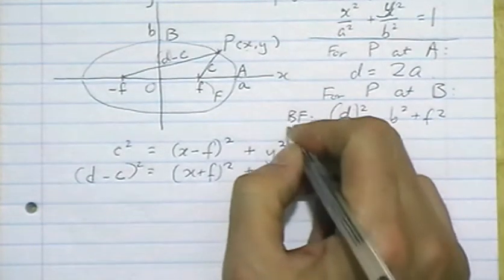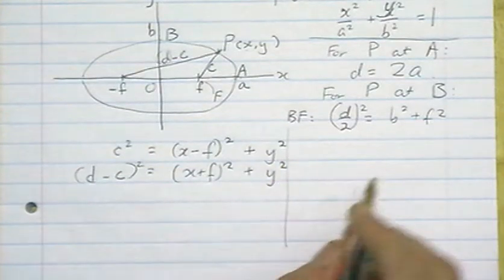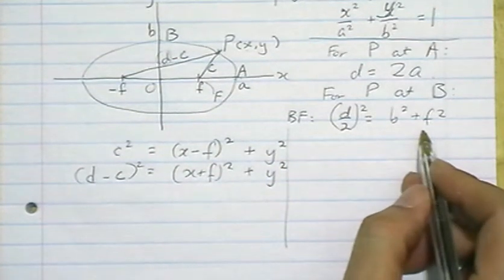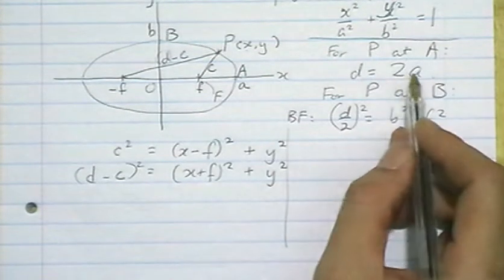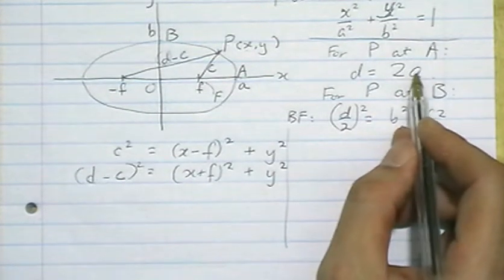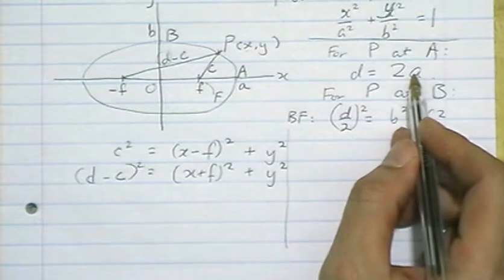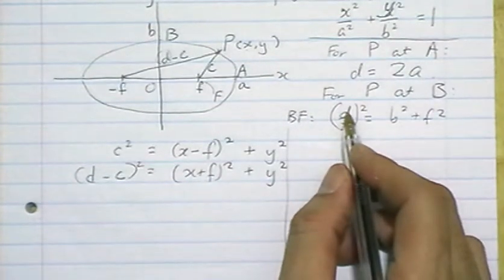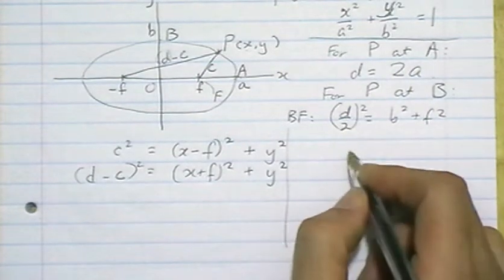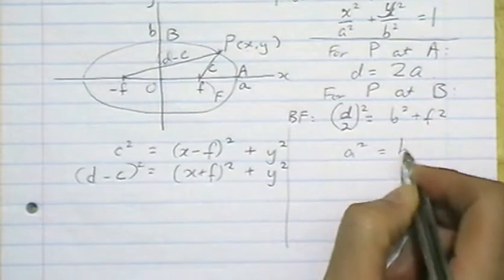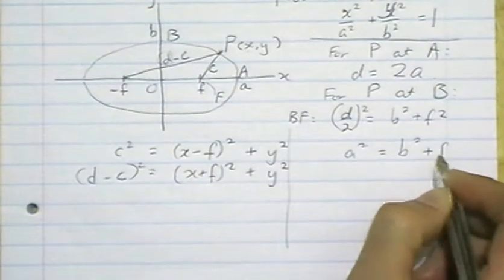Since D is equal to 2A, we can substitute this in. We have 2A over 2, and that gives A squared equals B squared plus F squared.